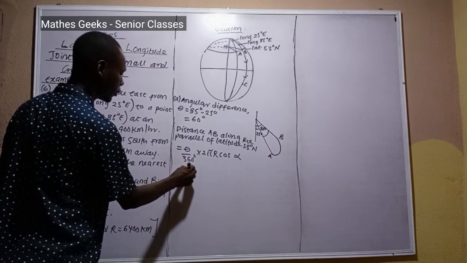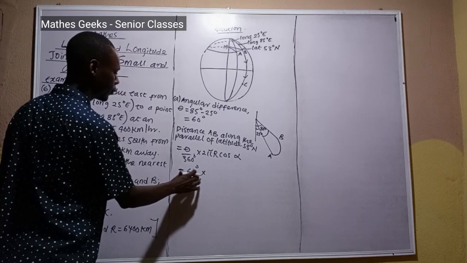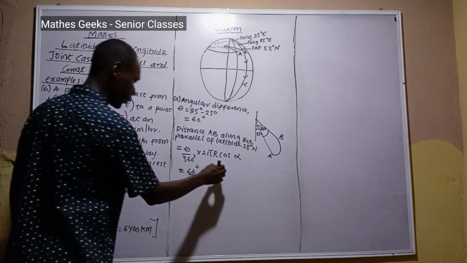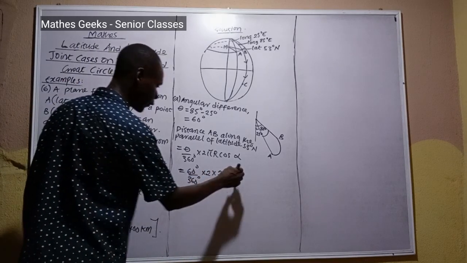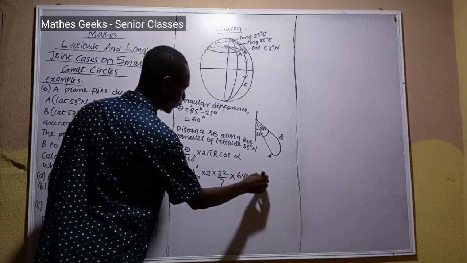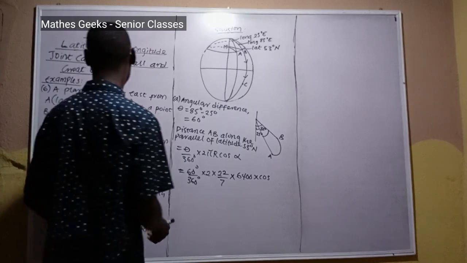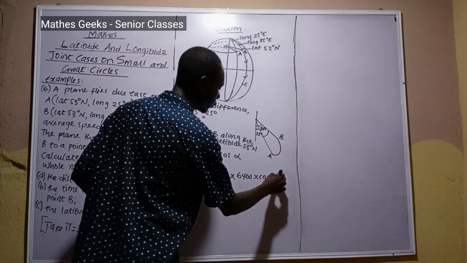So theta is 60 degrees over 360 degrees times 2 times pi, which is 22 over 7, times r, which is 6,400, times cos 53 degrees, the latitude, 53 degrees north.